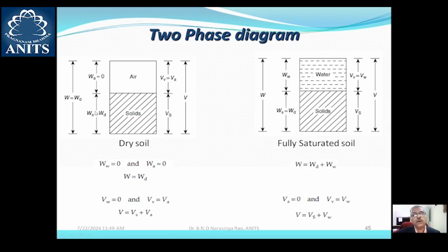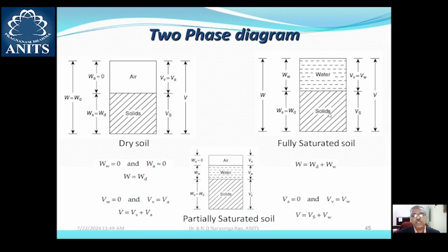So these two are the extreme cases of the three-phase diagram of soil. When the water content is 0, you have the dry soil with a two-phase system and two-phase diagram. When the entire void space is completely filled with water, you have again a two-phase system consisting of only water and solid particles. Somewhere between these two extreme conditions lies the three-phase system, which is a partially saturated soil where the void space may be partly occupied by water and also air.